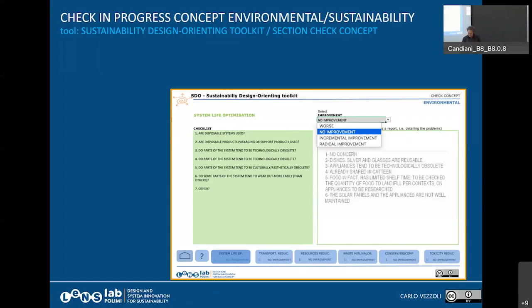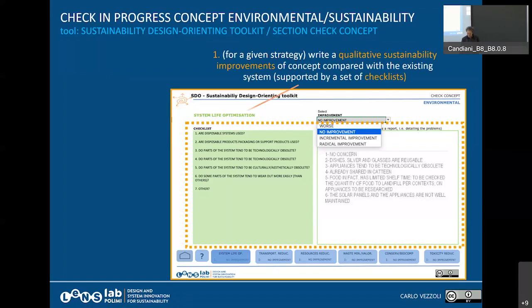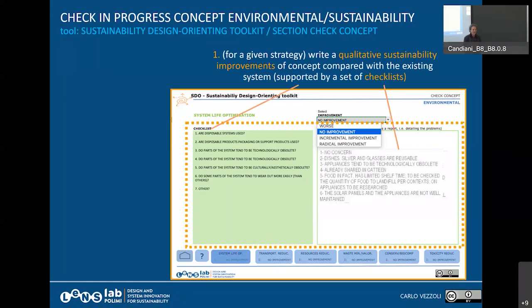And this is made through the Sustainability Design Oriented Toolkit in the section Check the Concept, where you will find the checklist that you have not been using during the strategic analysis.